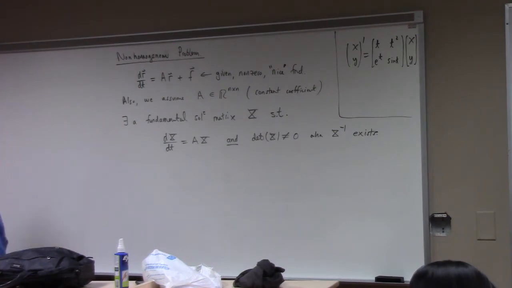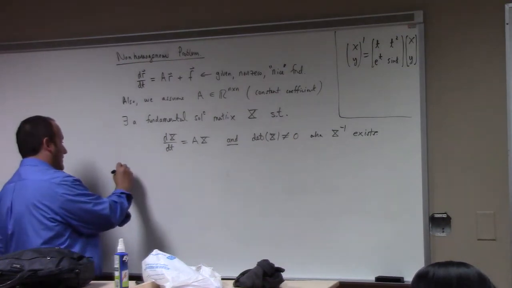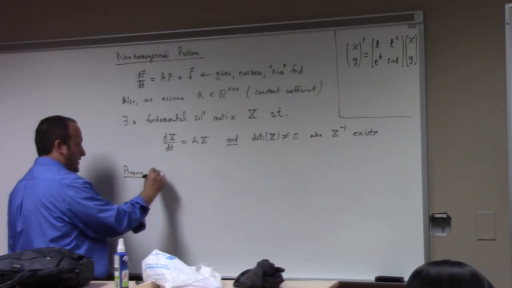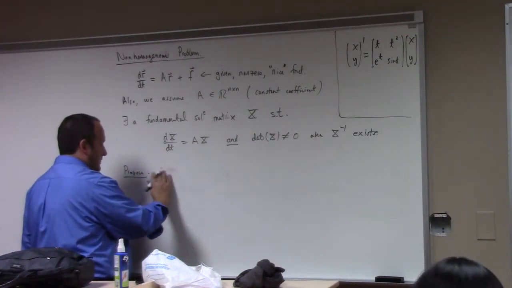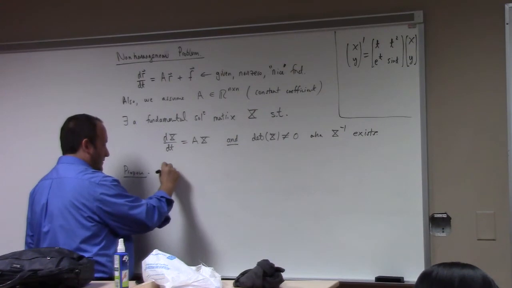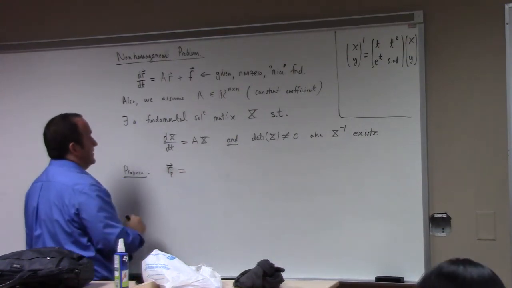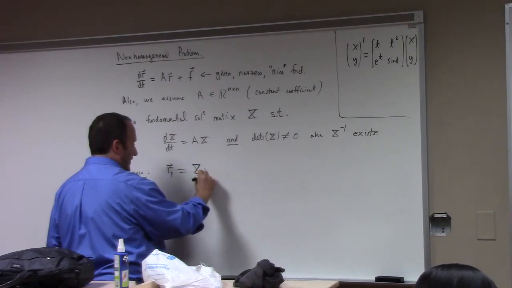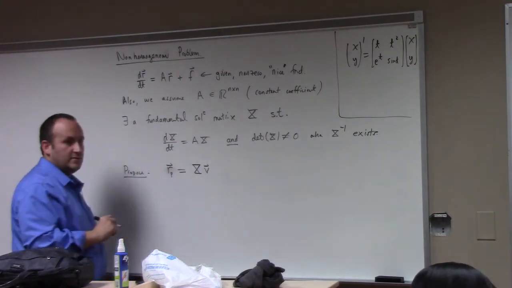Great. So what would be a good way to guess a solution? Here's what I propose. I propose that we think about the particular solution, r_p, equal to, I don't know, how about x times a vector of unknown functions, v.